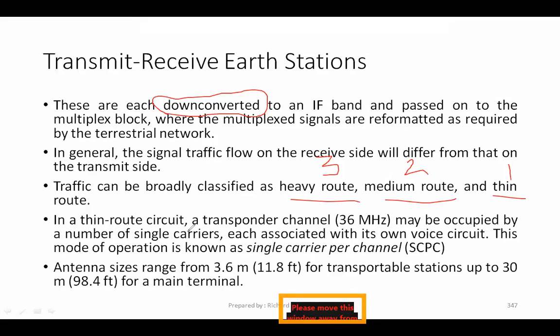In a thin route circuit or transponder channel, normally we saw that we are using about 36 megahertz, and 4 megahertz can be used for guard band.